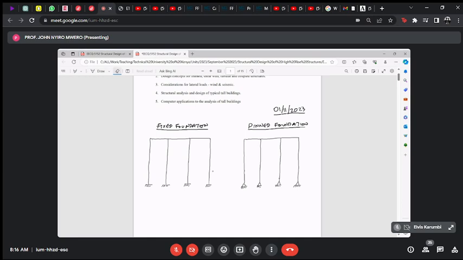Let me move this writing a bit so that we can put some more detail here. Fixed foundation. Pinned foundation.